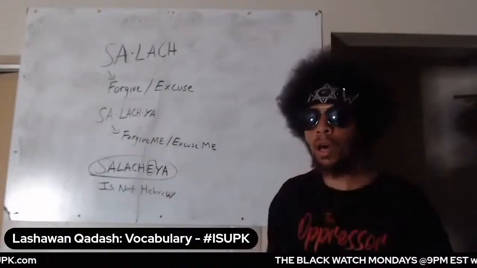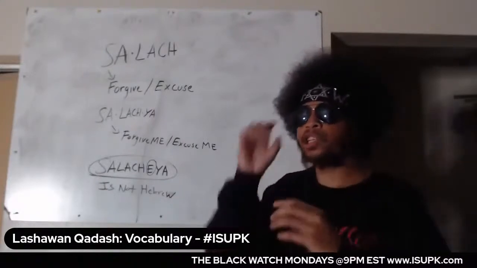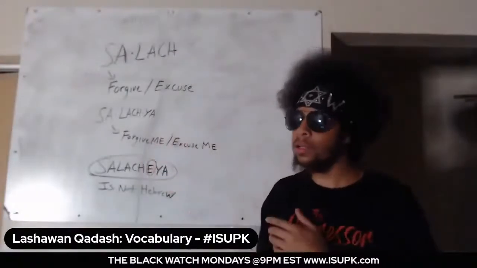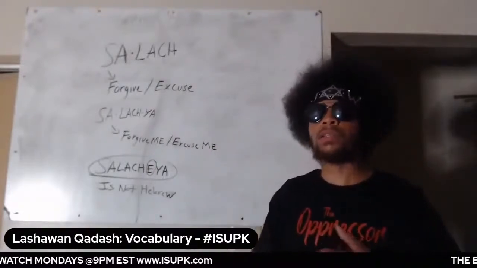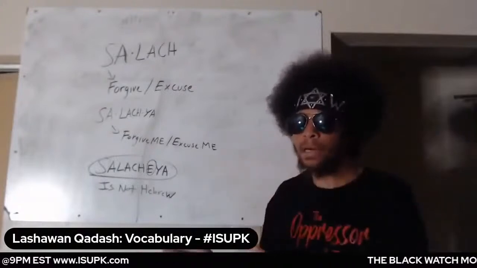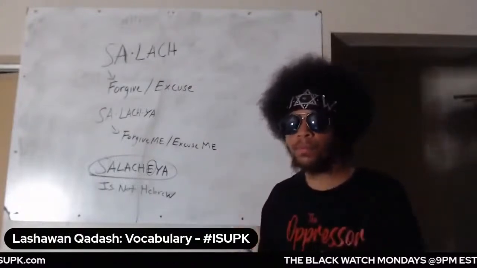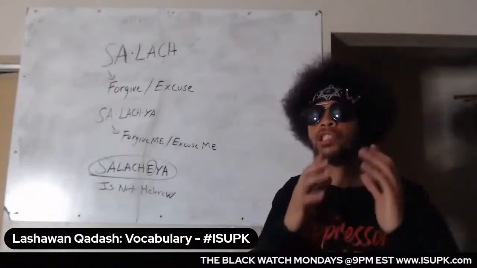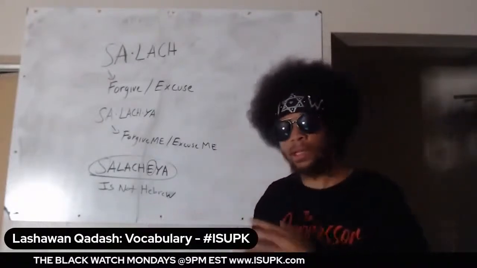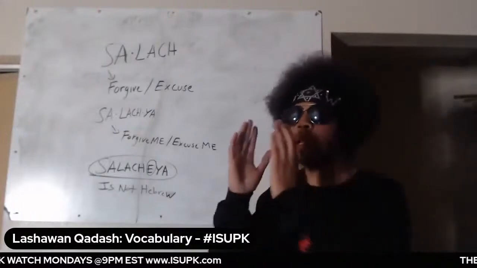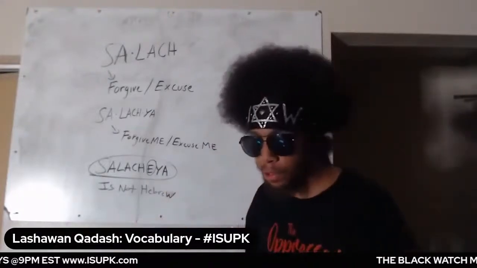It's shalom. Shalom, not shalom with an O. There's no O's in Hebrew. All right? It's shalom. Shalom. All right? Not shalom. Shalom. That's not Hebrew. It's shalom. Okay? That's what it is.